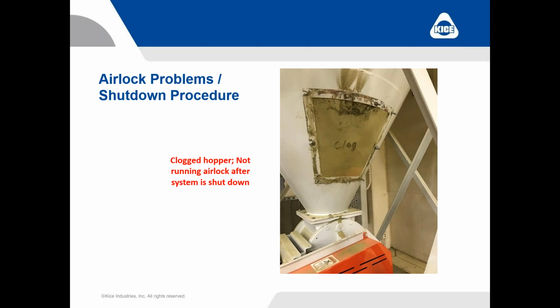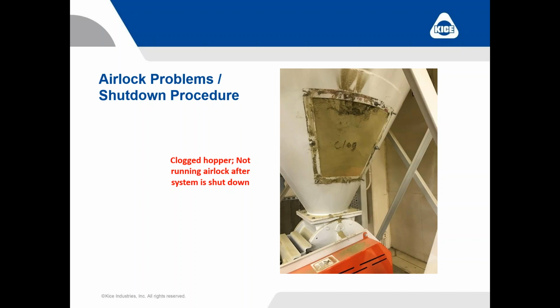Typically, they're not labeled clog like this picture is, but it's usually pretty easy to pinpoint what the problem is. So allowed to go on long enough, you can create yourself a problem just like this, just by allowing that airlock valve to wear and create leakage and allow product to build up over the top of that airlock.